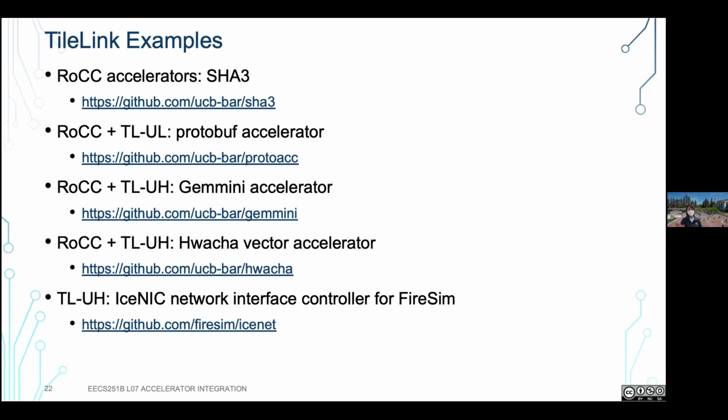The one I find we see a lot is the IceNIC, the network interface controller inside FireSim. That one is more like a standard memory mapped I/O device, so it doesn't have the RoCC interface. We just directly participate in the TileLink communication using the uncached interface there.